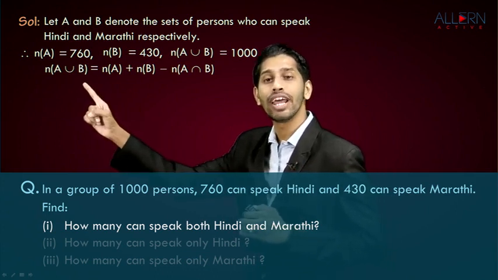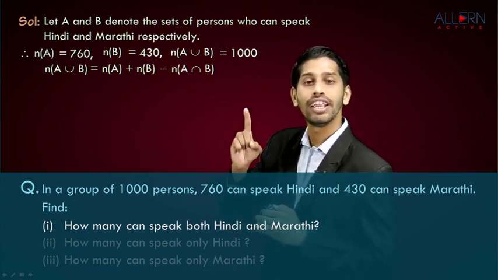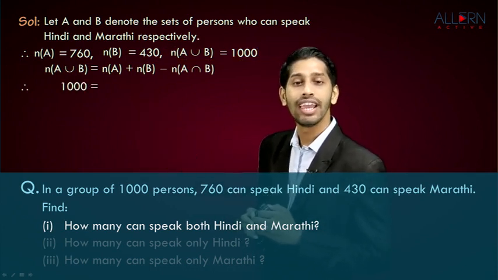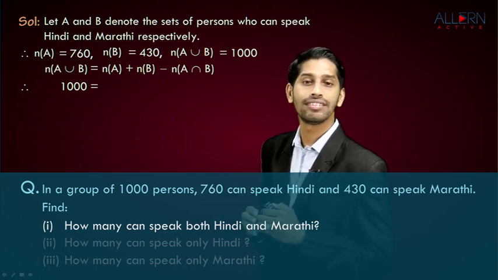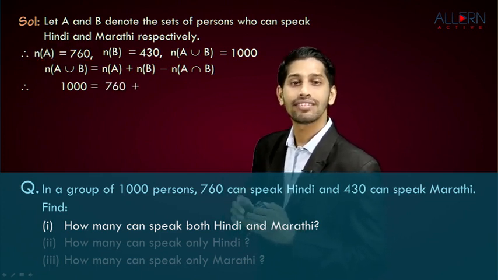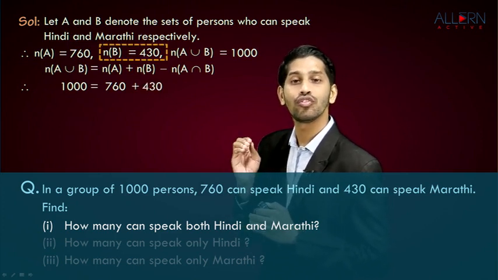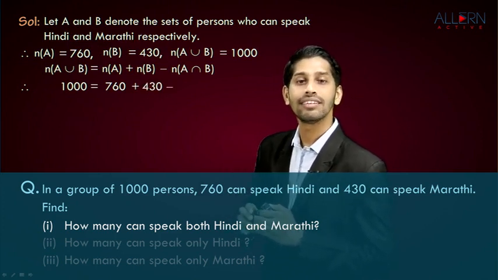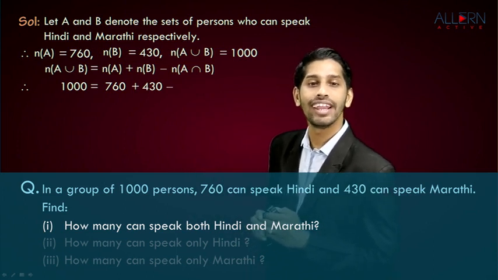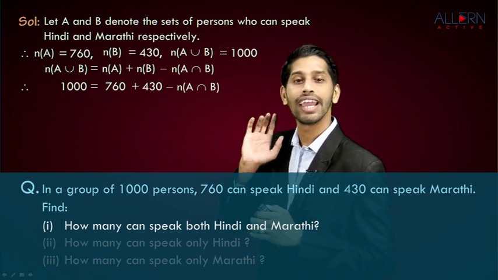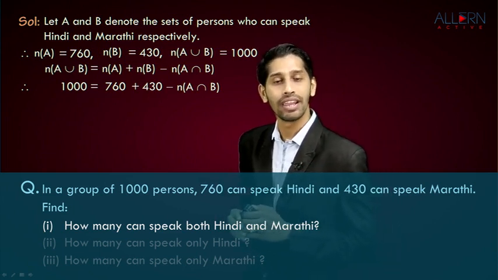In place of n(A ∪ B) we substitute 1000, which is equal to 760 plus 430 minus n(A ∩ B), right?